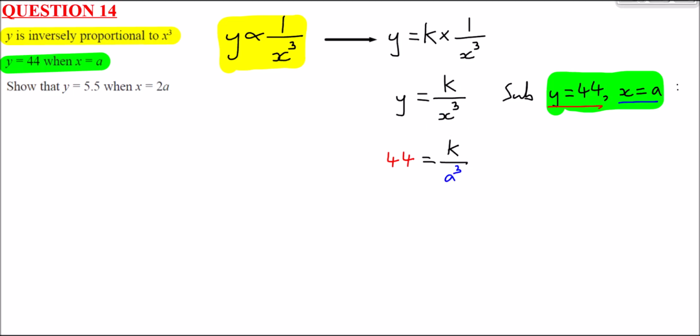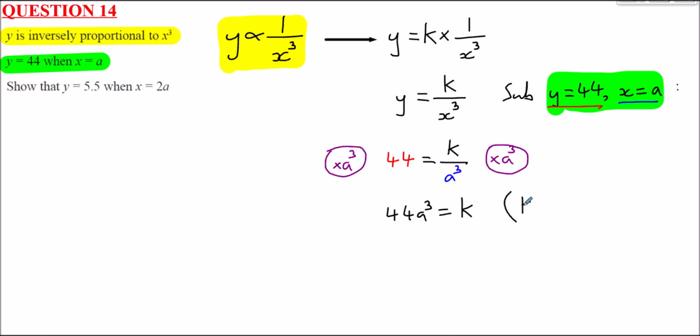If we now multiply both sides of this equation by a cubed, we can work out what k is in relation to a. So multiply by a cubed on both sides. We get 44a cubed equals k.